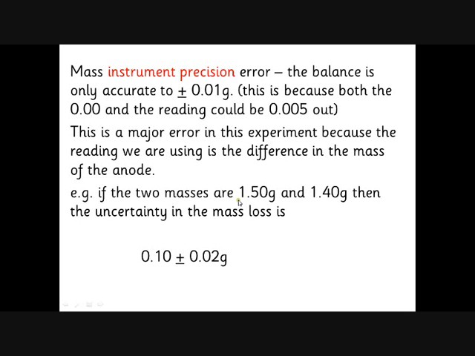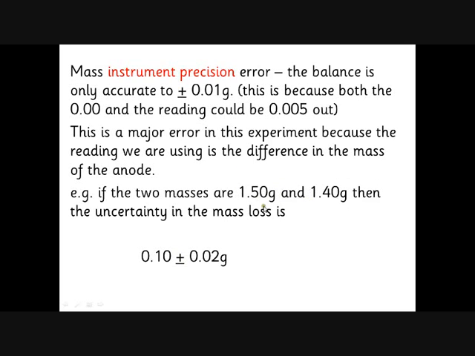So here's some more data that you might have got. So you've got 1.5 grams to 1.4 grams. Now 0.01 grams out of 1.5 might not look too bad, but what you've got to remember is we're not interested in how much this is. What we're interested in is the difference. So the difference of these two masses is only 0.1 grams. This one might be 0.01 out, and this one might be 0.01 out.